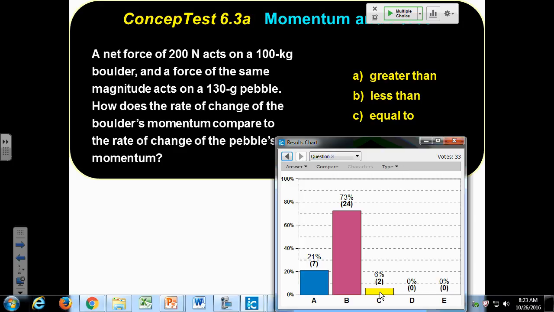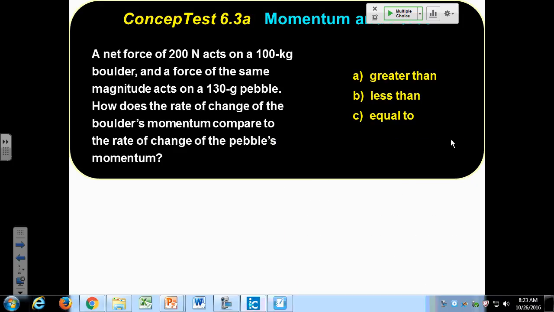All right, the answer here is C. Remember, this goes back to Newton's second law. This came early in chapter 6. F is equal to dp/dt, or we can write it not in differential form as delta p over delta t. So if I have a force that acts on a particle, it causes the momentum to change over a certain time interval.